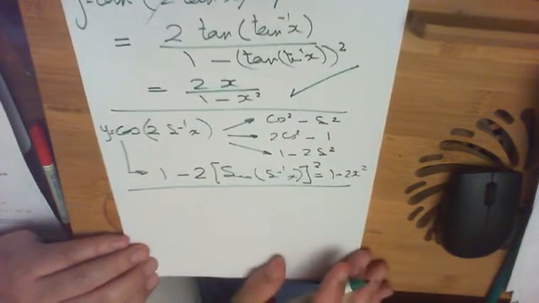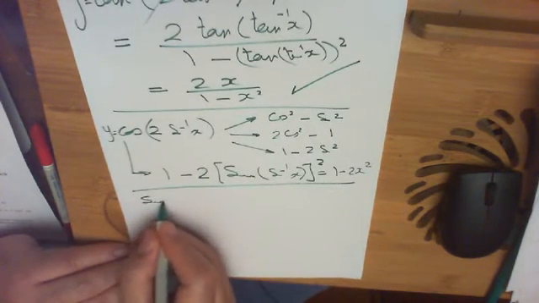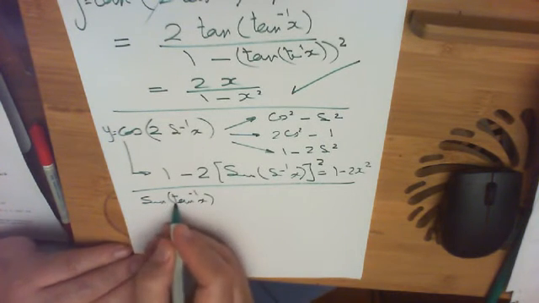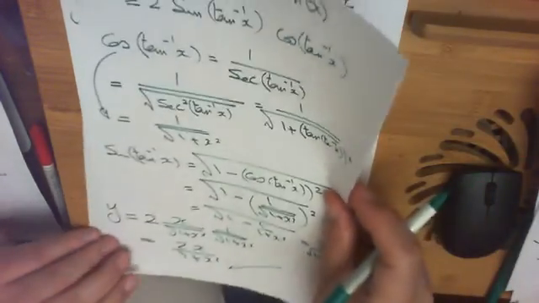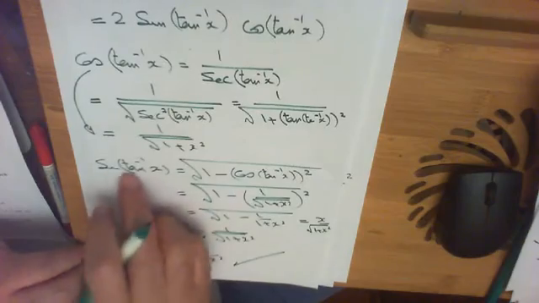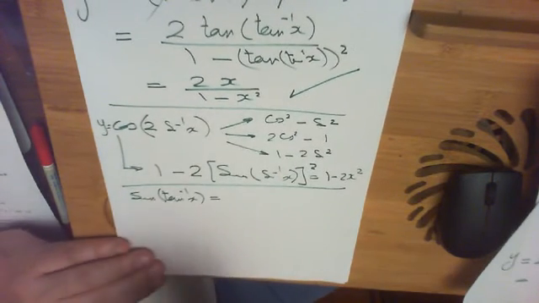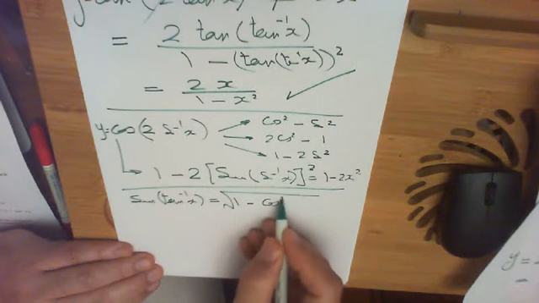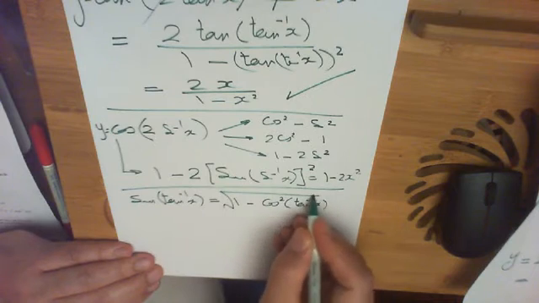Also, we need to simplify sine of tan minus 1 x. I think we solved it a few moments ago, such a relation. Yes, this one. But this is not a part of the other problem; this is separate. Sine tan minus 1 x is the square root of 1 minus cosine squared of tan minus 1 x.